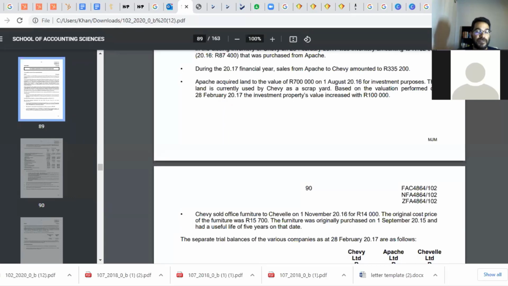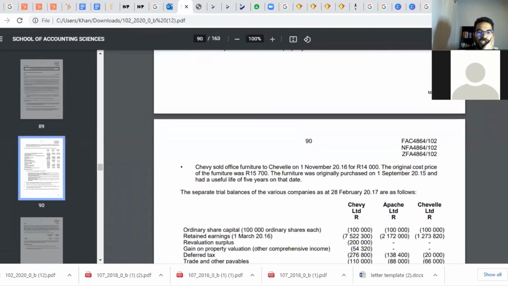From a group perspective, this property is not investment property, it is PPE. Why? Because the land is owner occupied. How is it owner occupied? Chevy is using it as a scrapyard. So that's a typical example. Please be aware of it. Let's move on.